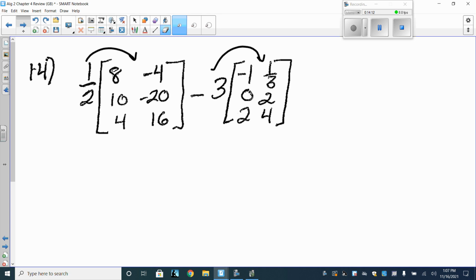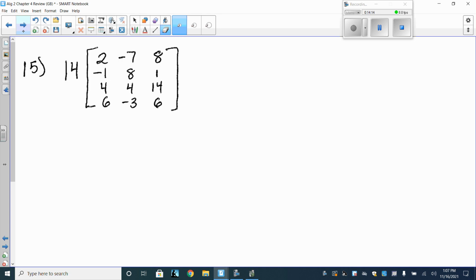We ready for 15? For 15, we can do this by hand. If we do it by hand, each element is going to be multiplied by what? 14. So we could plug this into a calculator as A and then do 14 times A and hit enter, and it would give us the answer.